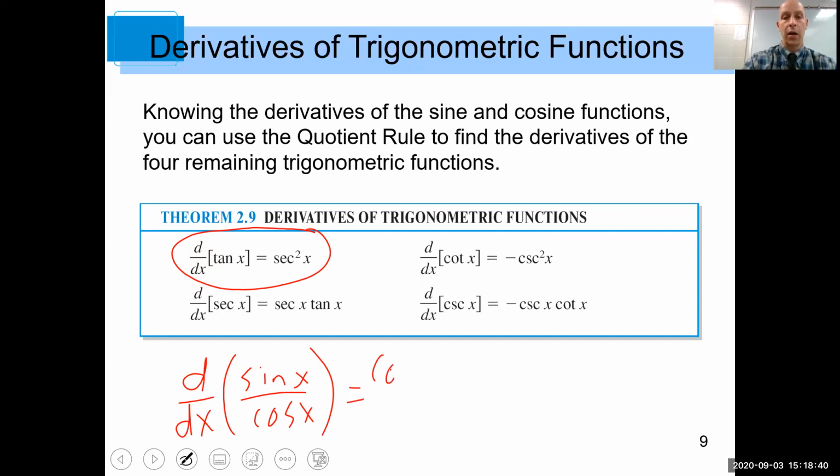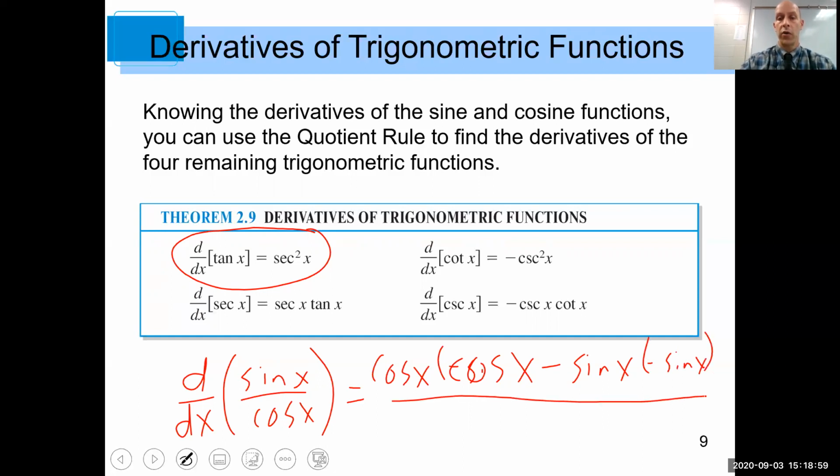We could say low, derivative of high, the derivative of high would just be cosine x, minus high, which is sine x. And then the derivative of low, the derivative of cosine is negative sine x, all over low squared. So that's cosine squared x.